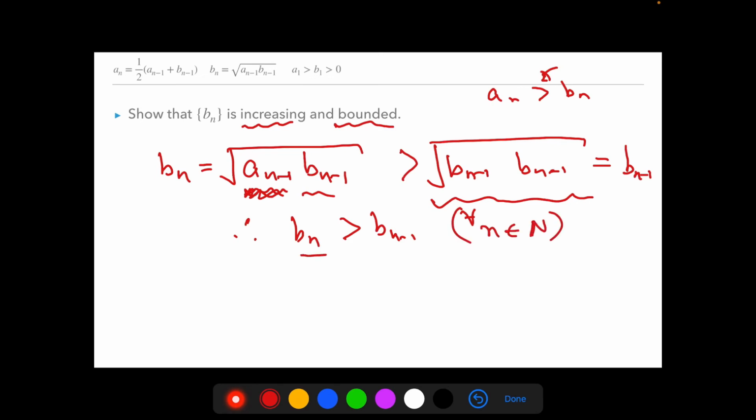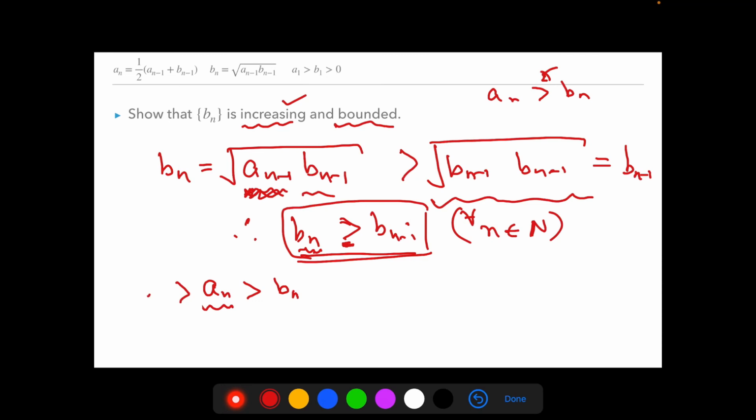And this is exactly what we mean by an increasing sequence, right? That the term is always greater than the preceding term. Now, let's show that it is bounded. So, we know that a sub n is always greater than b sub n. But we know that a sub n is bounded above.